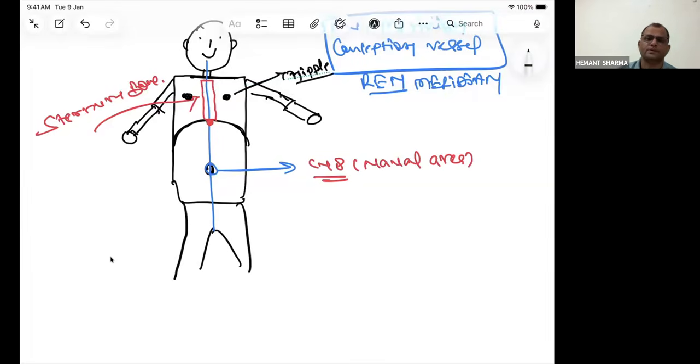In between the nipples, this is the point which is called CV17. Exactly in between the nipples.